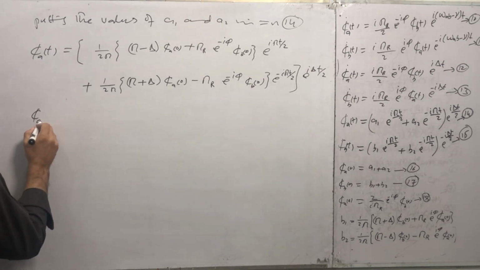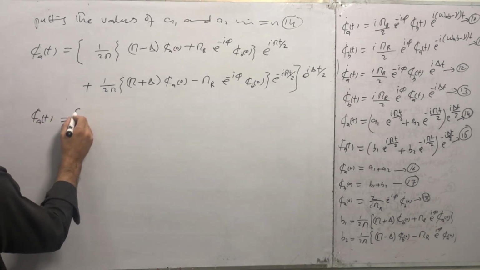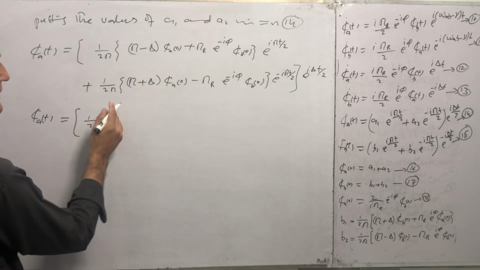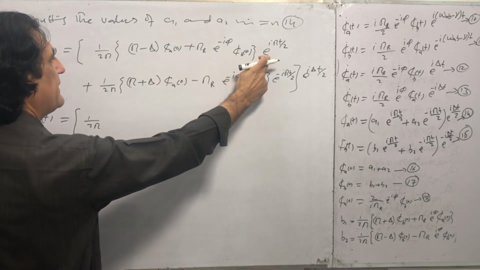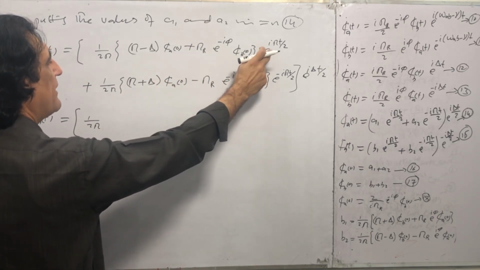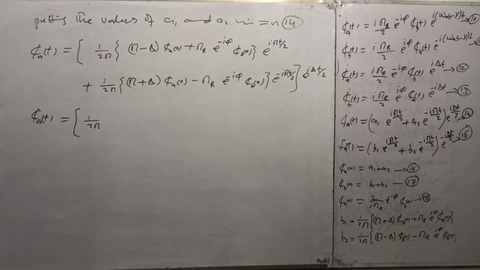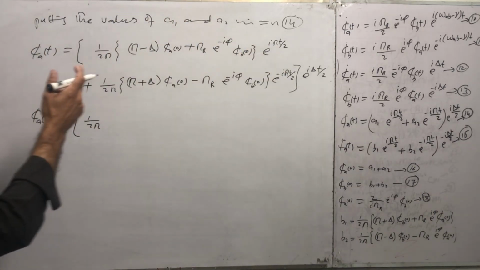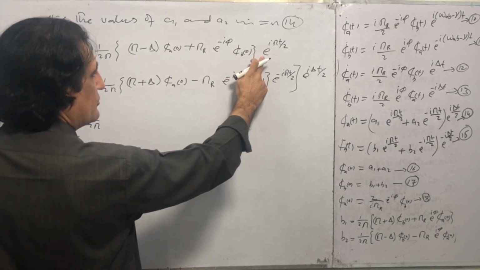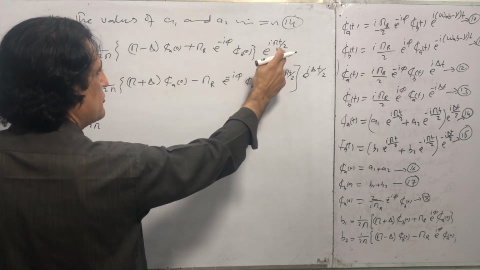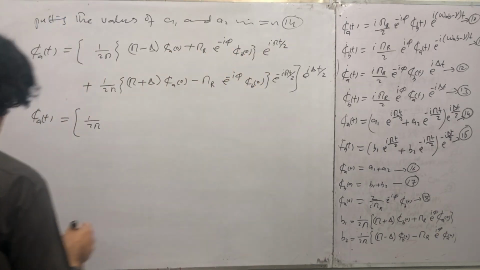Further, Ca of t is equal to 1 over 2 omega. I can take the value of the exponential form in sine and cosine theta, just like this, which will be equal to cosine omega t divided by 2 plus iota sine omega t divided by 2.